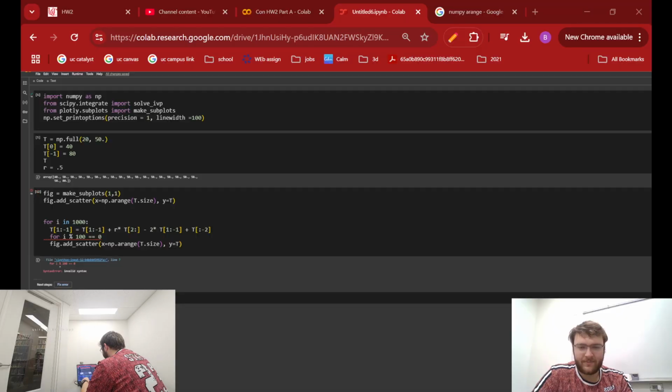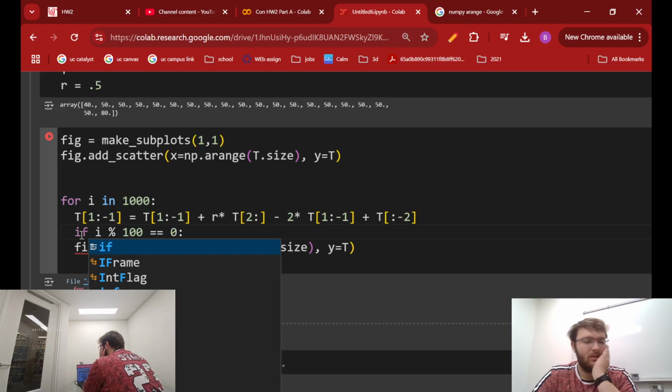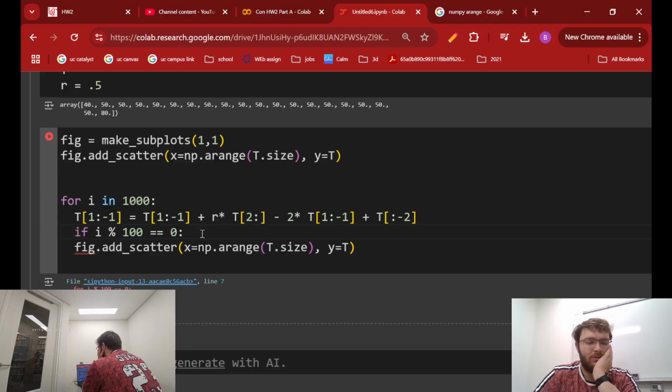Give me 1 second. And I'm just having it this morning, aren't I? I don't want for, I want if. If I is divided by 100 is equal to 0, then this. So that should make it 10 times every 10 iterations.